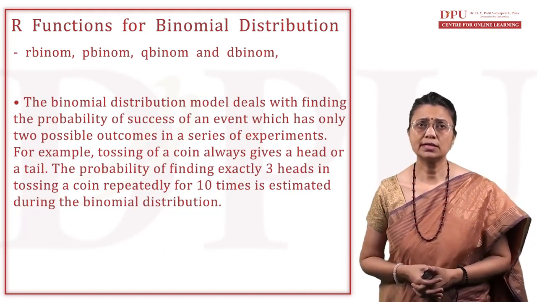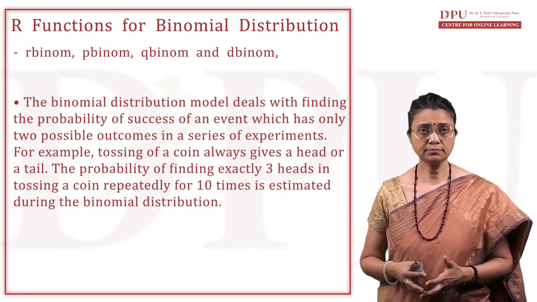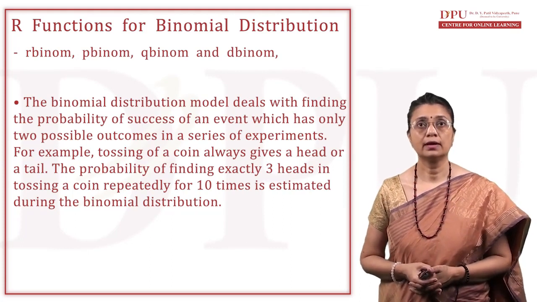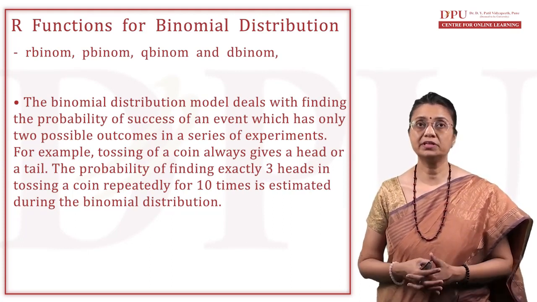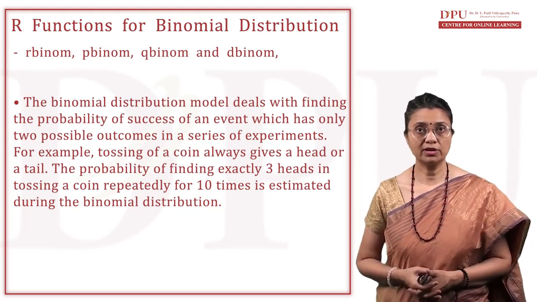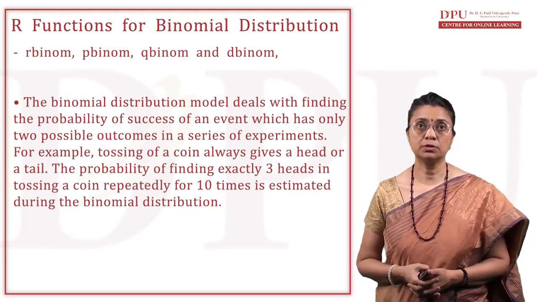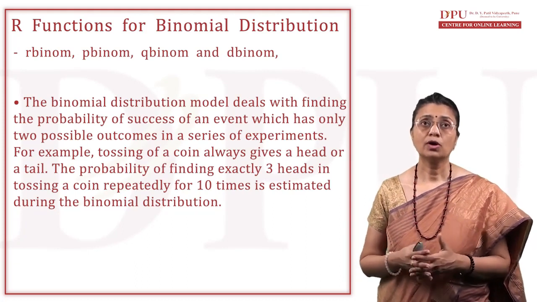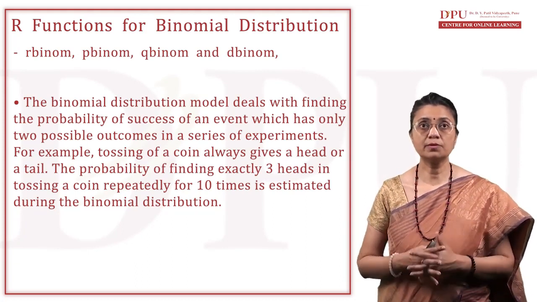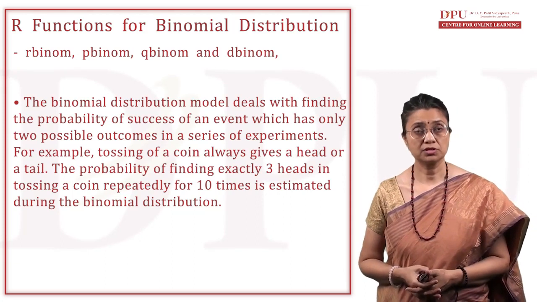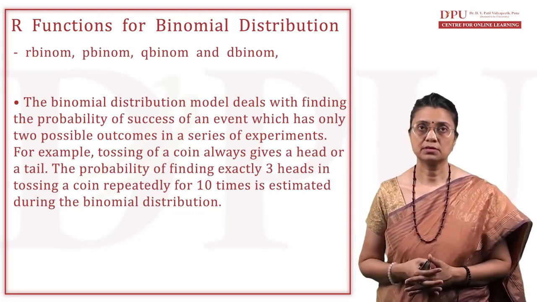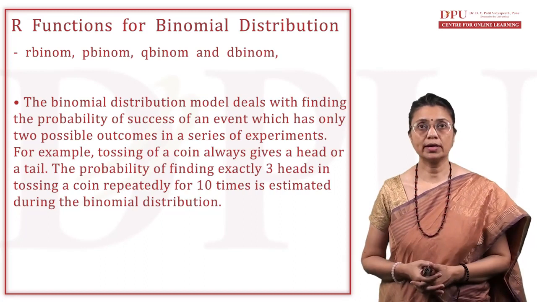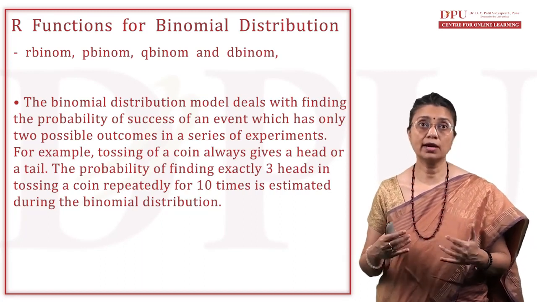Let's have a look at what is binomial distribution. The binomial distribution model deals with finding the probability of success of an event which has only 2 possible outcomes in a series of experiments. So, I'm trying to say, what is the probability of success of an event? If there are 2 outcomes, suppose I'm tossing a coin, which always gives a head or a tail.